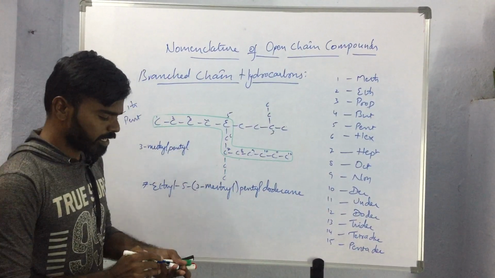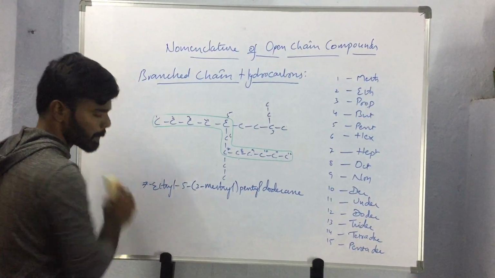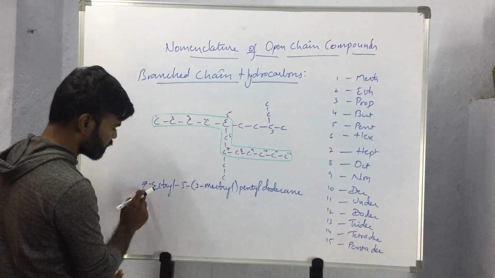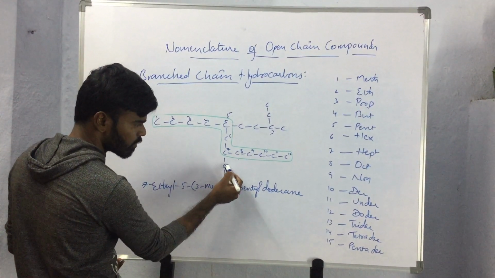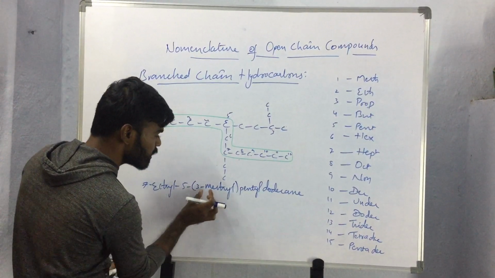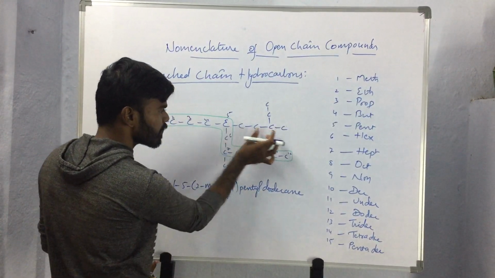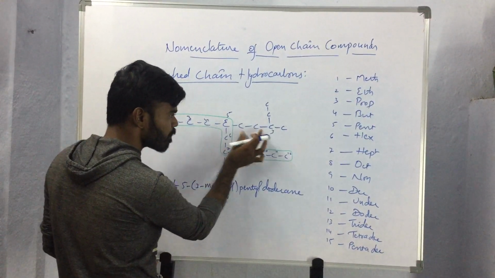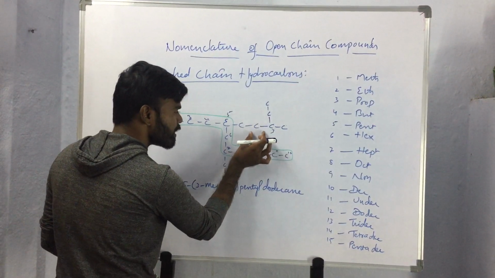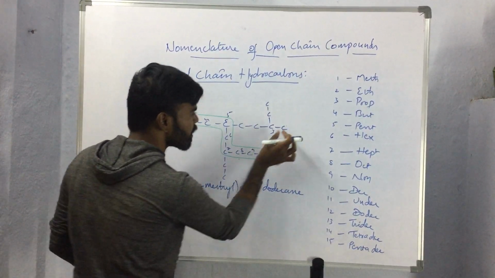So this will be the name of the compound. Here 7-ethyl, the presence of an ethyl branch on the 7th carbon atom, and 5-(3-methylpentyl), that means a pentyl side chain on the 5th carbon atom, and in this pentyl branch, the 3rd carbon atom contains a methyl substituent.